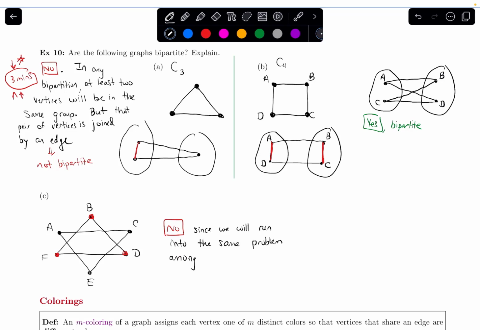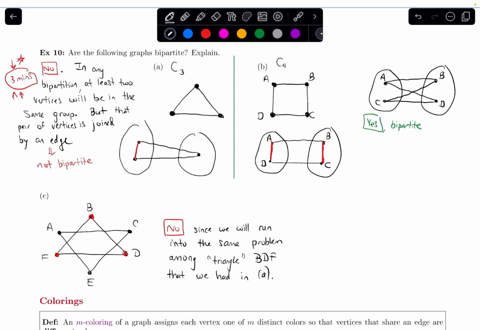I'll say triangle in quotes because it's not really a triangle, it's just a subgraph, so to speak. It's among the triangle BDF that we had in part A.